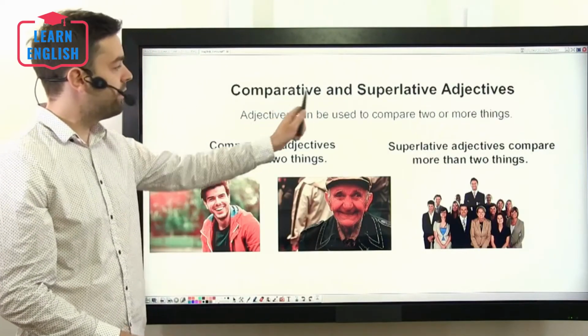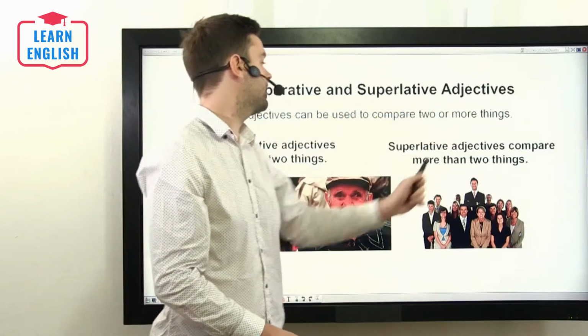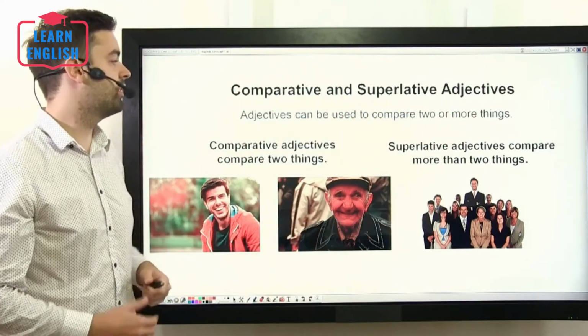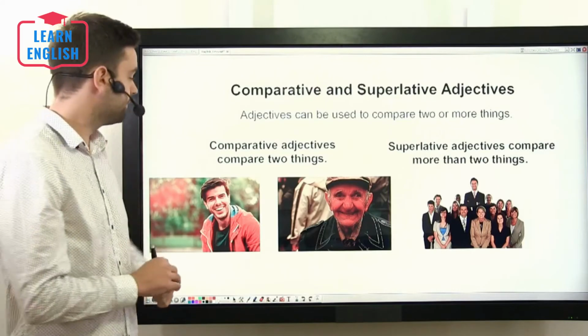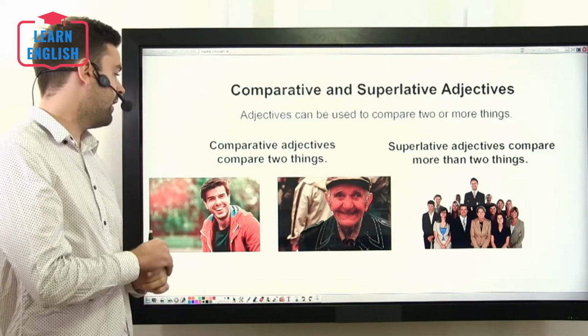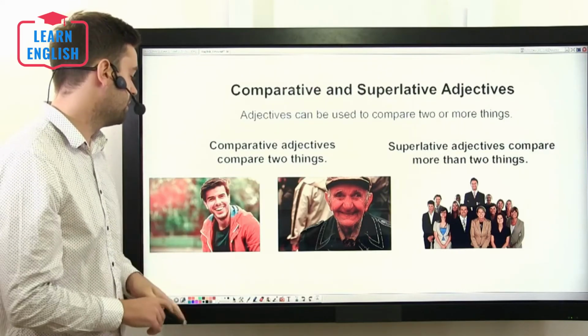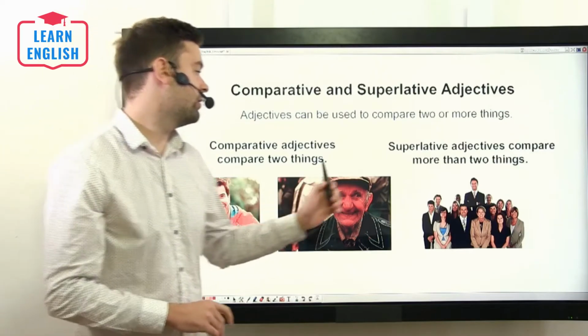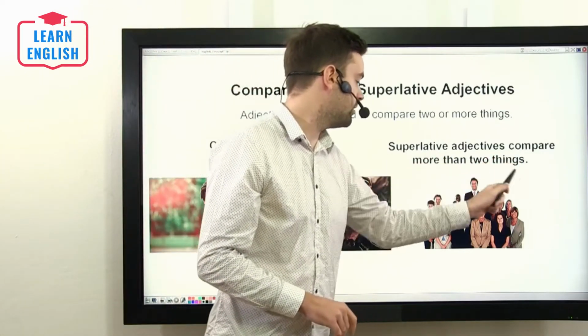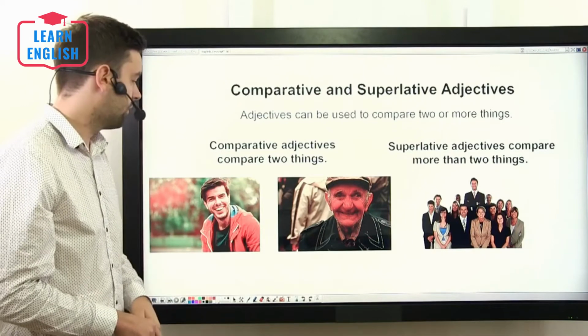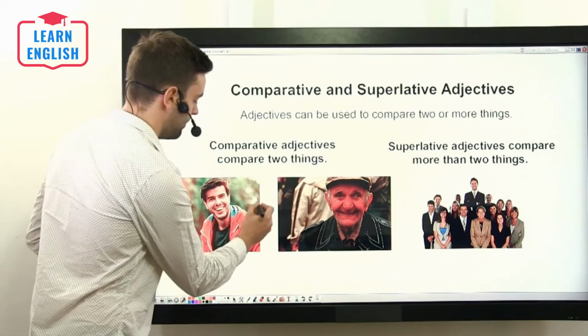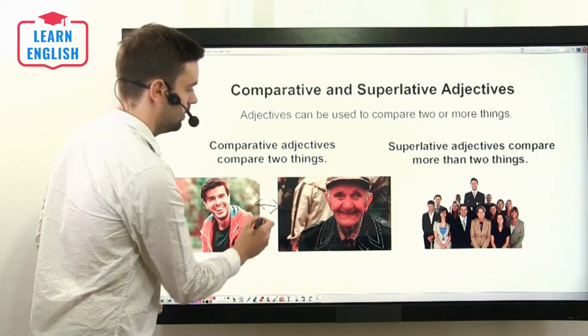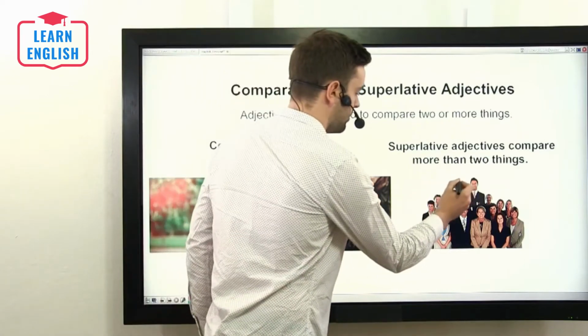So we've got comparative and superlative adjectives. Adjectives can be used to compare two or more things. Comparative adjectives compare two things, and superlative adjectives compare more than two things.